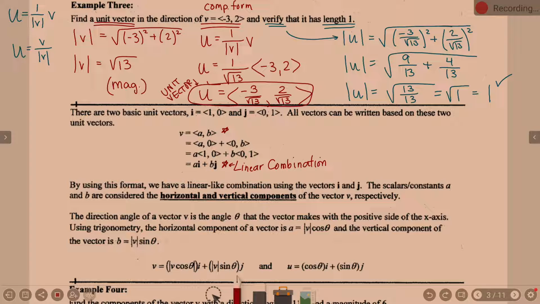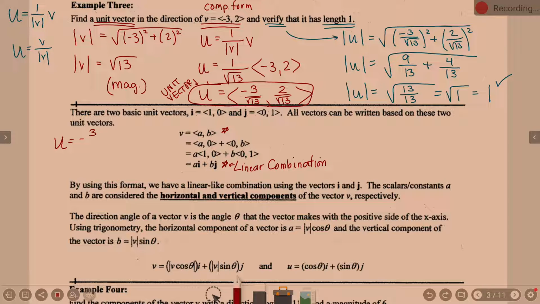So, for example, if I take the unit vector from above, negative 3 over square root of 13, comma 2 over square root of 13, I can write that as a linear combination because my a component is negative 3 over square root of 13.